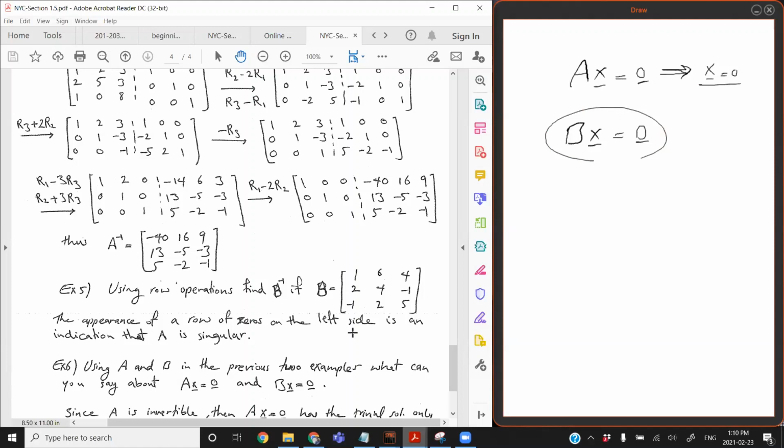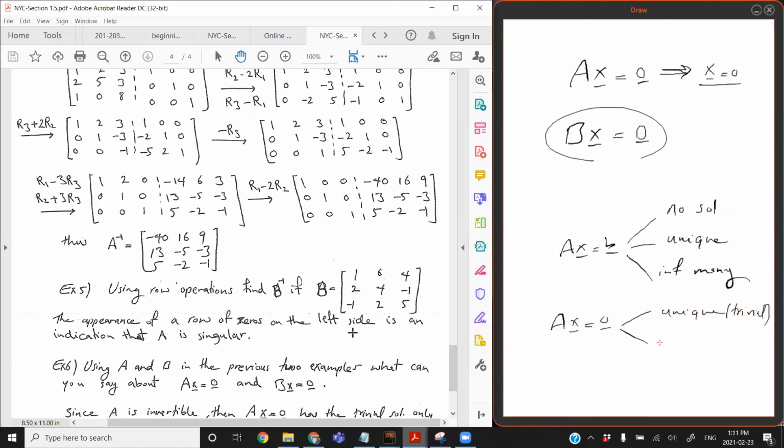It means that, if you remember, there are only two possibilities for a homogeneous linear system. Generally, if you have a system AX equals B, there are three possibilities: either no solution, unique, or infinitely many. But a homogeneous linear system is different. There are only two possibilities: either unique, in this case that would be trivial, or infinitely many.